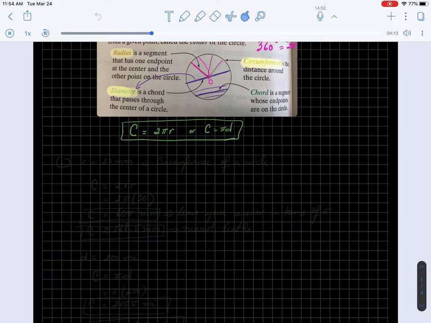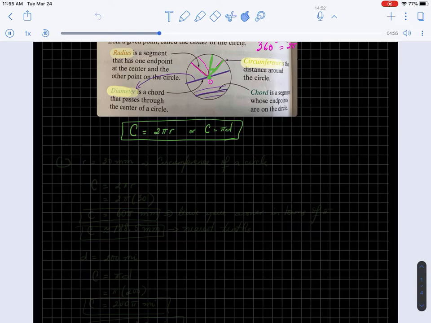Let me change this. Okay, 2 radii. Let's say this is 1 radius, and then that's another radius. The central angle is when the 2 radii intersect at the center. That's what we call a central angle. That unit is going to give you a degree measurement.